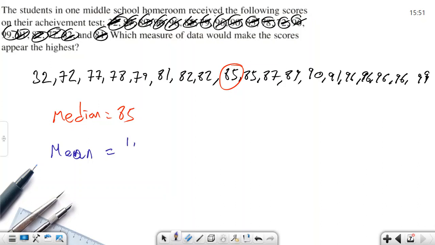When you add all of them, you are going to find 1593 divided by, so how many numbers did we add? We added 19 values, so divided by 19. It's equal to 83.84. So at the moment, median is the greatest one.